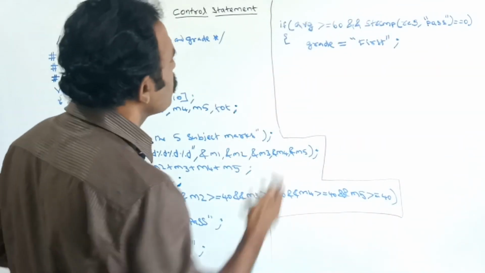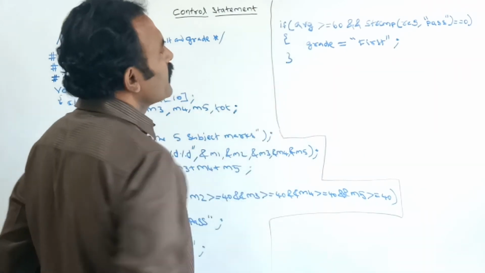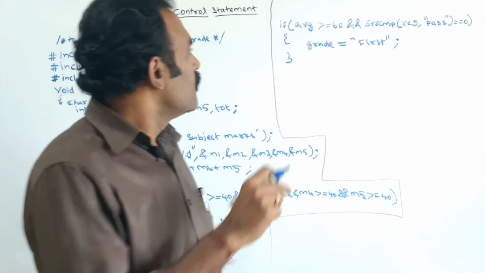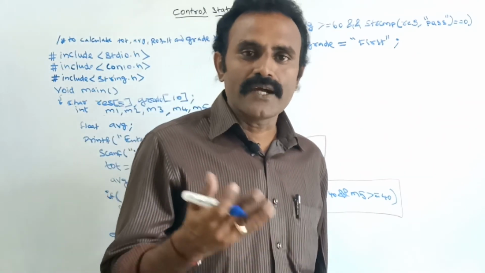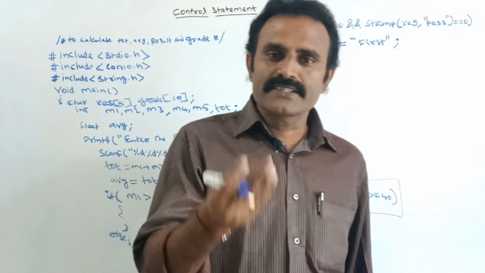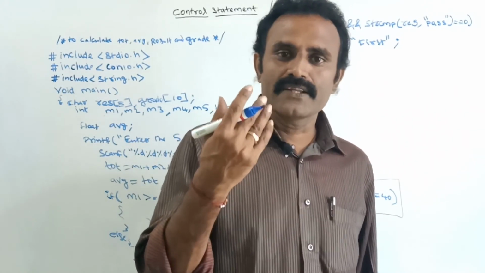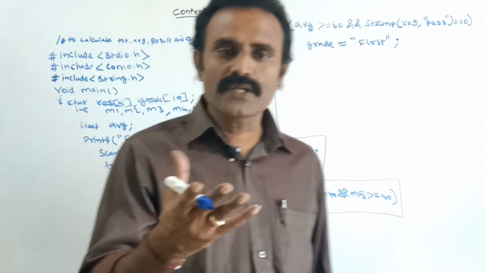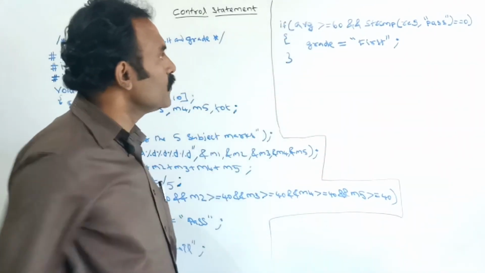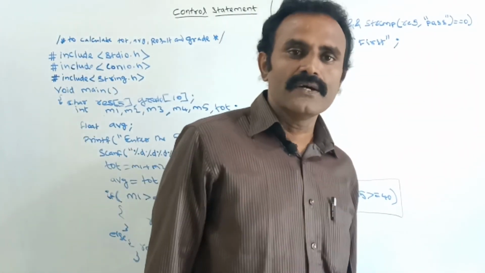Next, here I am using an if else if statement because multiple times I need to check for giving the value for the first class, for second class, for third class, and for the student who failed. So totally I need to check 4 times. So here I need to use multiple if statements.